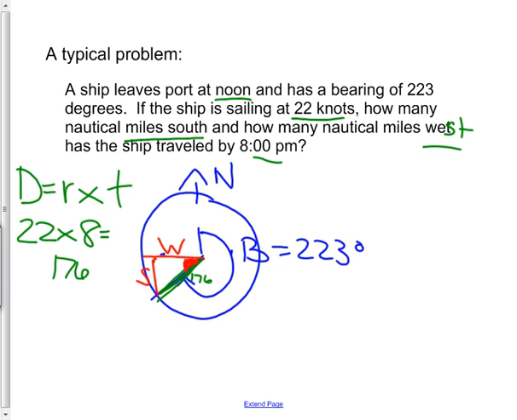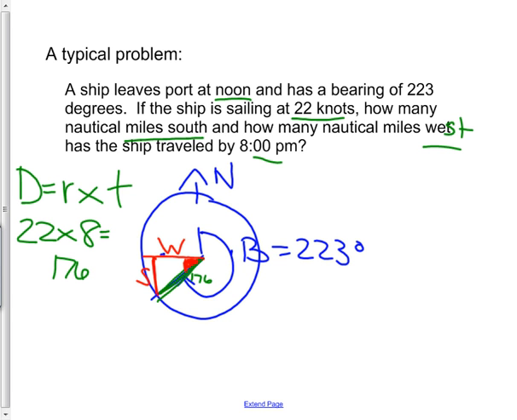Yep, it's right here. So west and then south. They're constantly going southwest overall. But they want to know, okay, how many miles west did they go and then how many miles south did they go? So we can draw a triangle and look at it like that.